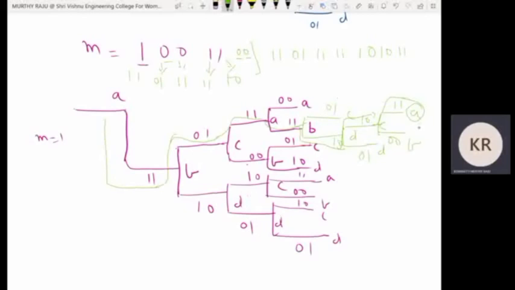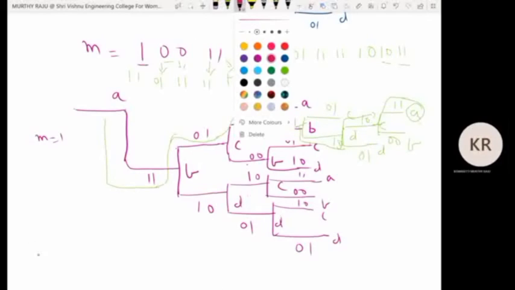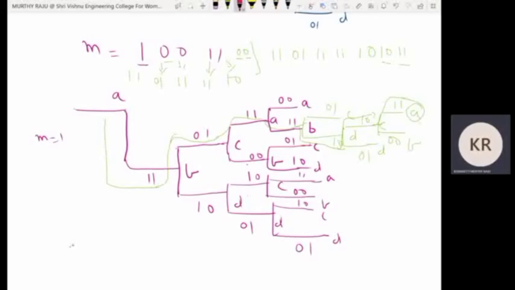When the last state is A, you have to append two more zeros to the original message sequence. For the zeros, 1 0 and 1 1 are the two outputs. Therefore, complete for m is equal to 1 0 0 1 1 0 0.